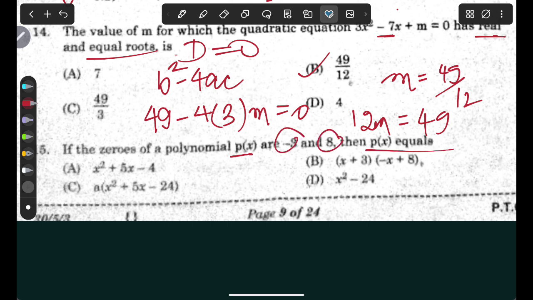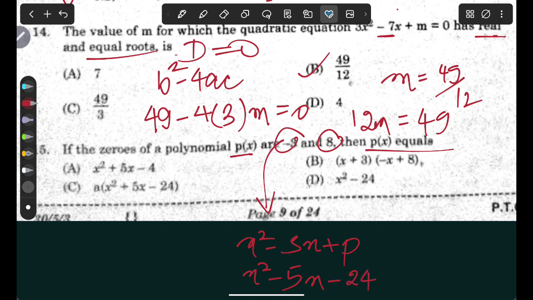Moving to the next question, if the zeros of the polynomial px are minus 3 and 8, then px equals. So the zeros, we need to form the quadratic equation whose two zeros are given, and then the equation is x square minus sum of zeros x plus product. What is the sum of zeros? Minus 3 and 8, sum comes out to be 5. And what is the product?